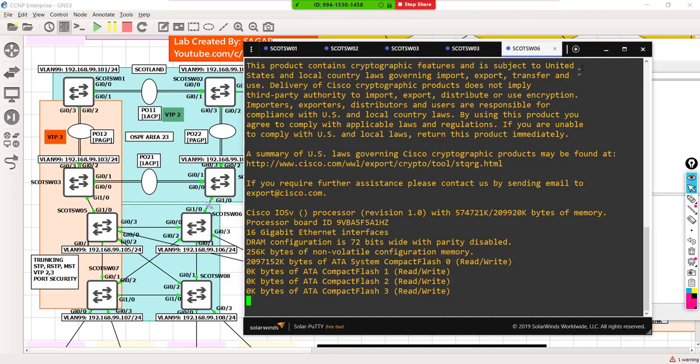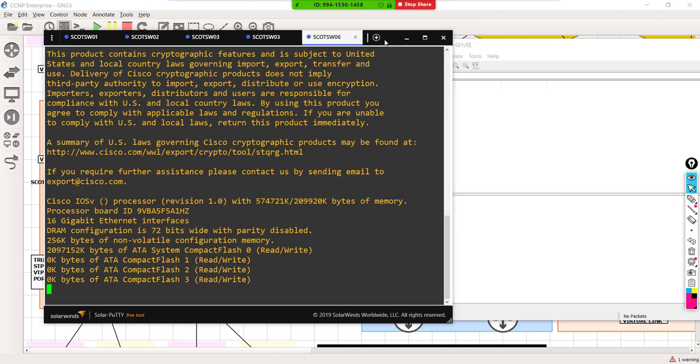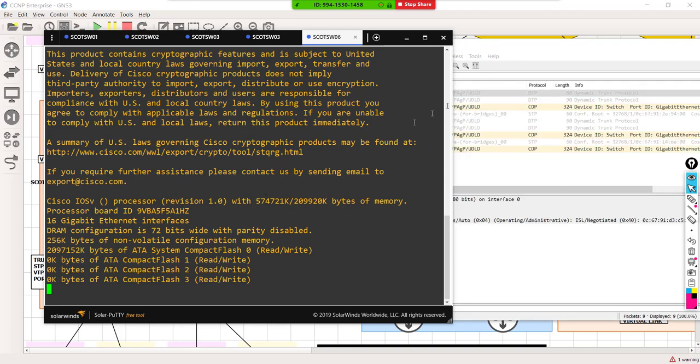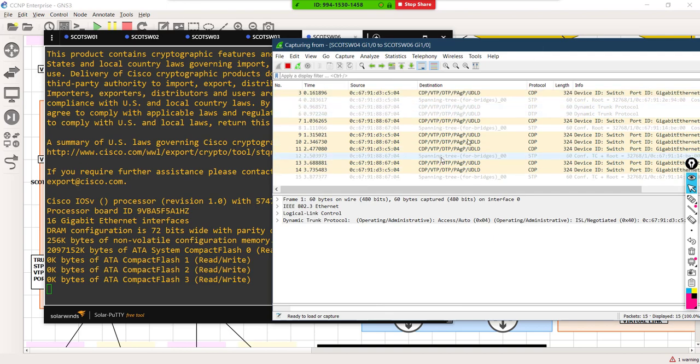Okay, the switches are still coming up. Okay, and as soon as the switch comes up, we can see the BPDU started exchanging.